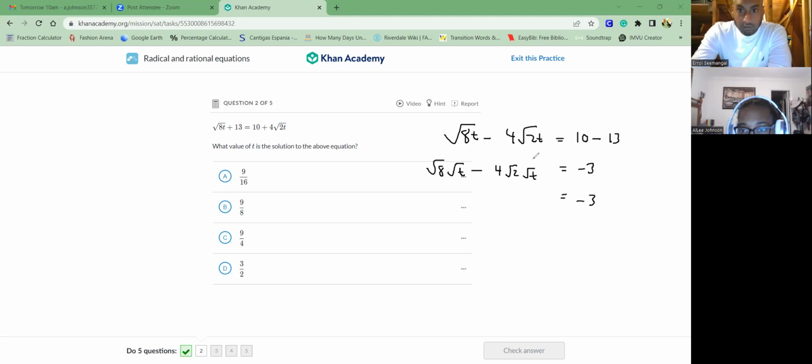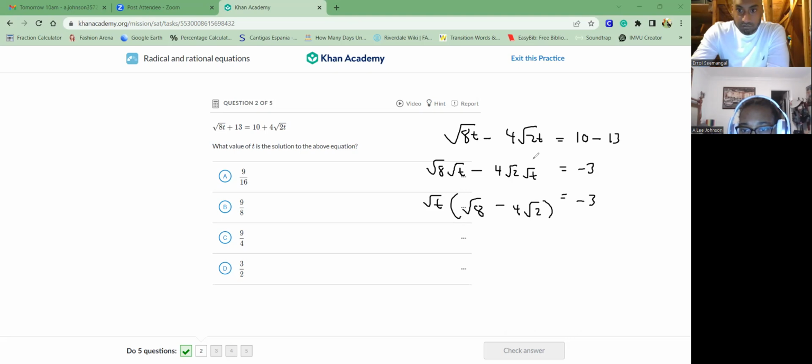If we factor out the root t, we'll have root 8 minus 4 root 2, right? Now divide both sides by that.